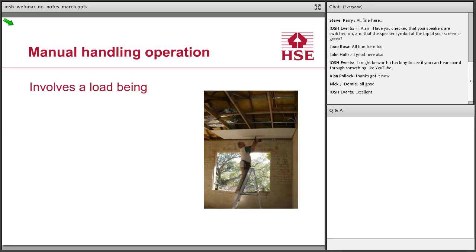So what is a manual handling operation? Take 30 seconds and write down all the ways a load can be moved by a person.